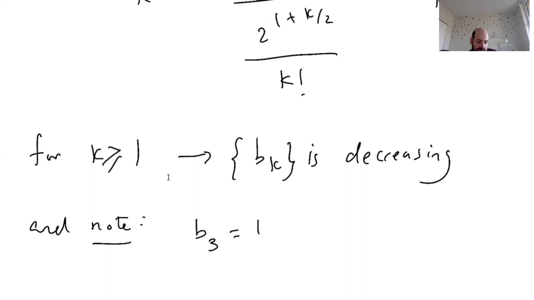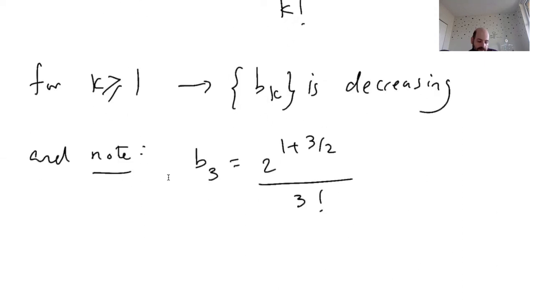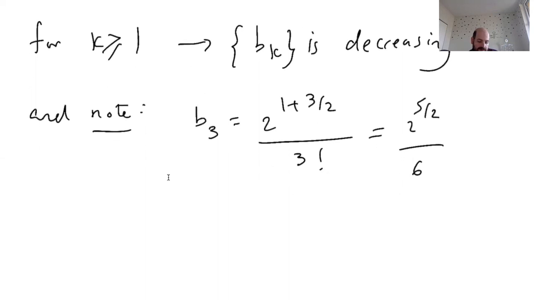Note that b3 is 2 to the power 1 plus 3 over 2, divided by 3 factorial. And this one is 2 to the power 5 over 2 divided by 6, which is 4 root 2 divided by 6.